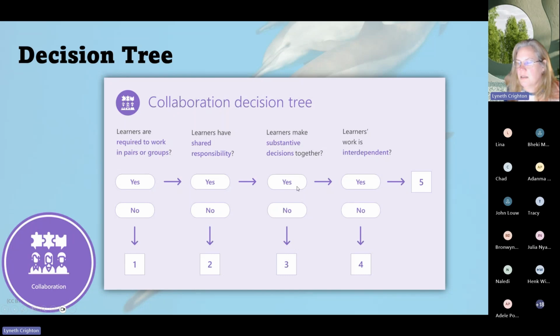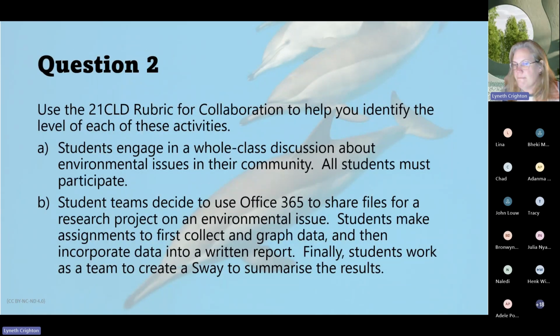Surprise is no. So we're still answering yes. They do make decisions because they're graphing data and they're summarizing data. And lastly, is the work interdependent? Yes or no?